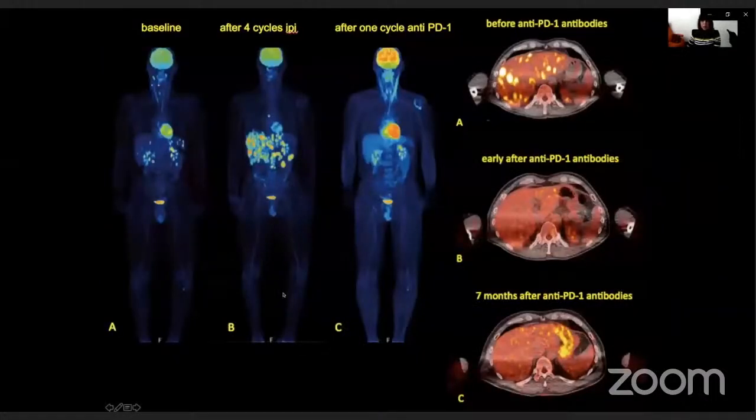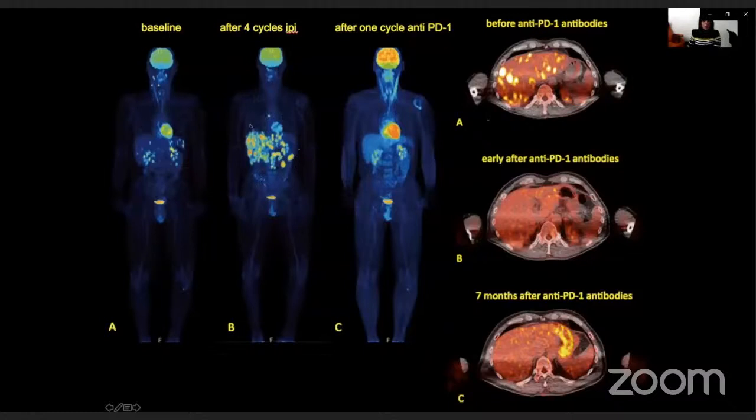This is an example of a patient treated with pembrolizumab, and this shows very nicely that it's possible to tailor therapy using PET-CT. This patient had several liver metastases in the baseline study and also some metastases located here. After 2 cycles of ipilimumab monotherapy, we had a very clear progress of the disease.